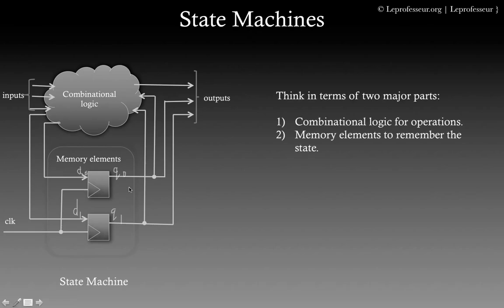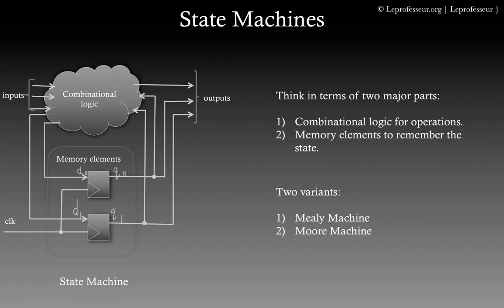Now when you design a state machine, think in terms of two elements: combinational logic for operations, like arithmetic logic operations, for example, and memory elements for storing the state. There are two particular variants of state machine design.